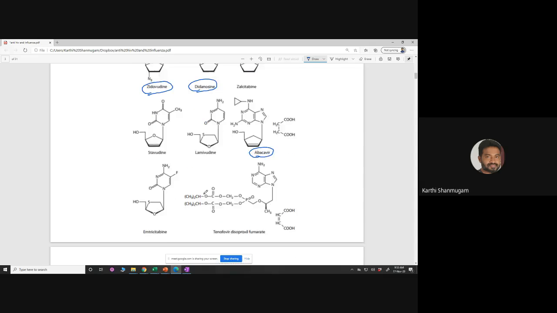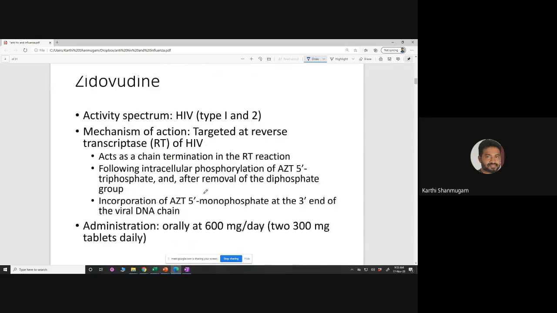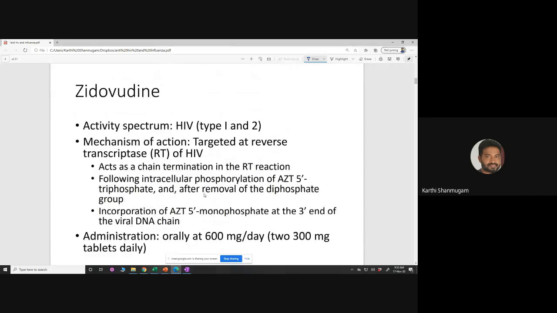So coming to the molecular action of the drug molecule zidovudine. We have different types of HIV: type 1, type 2, like that, right? This specific molecule zidovudine is active against both type 1 and type 2, so it can act on both HIV type 1 and HIV type 2.